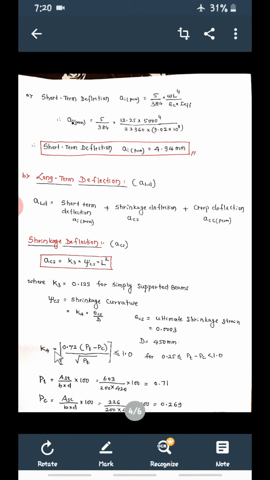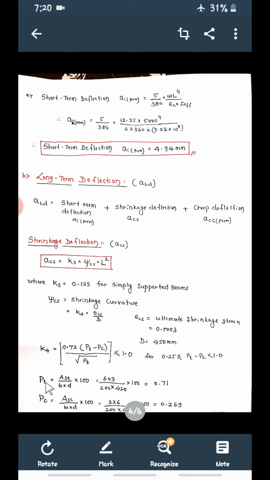Now we will calculate K4. There are two formulas based on the value of PT minus PC. K4 is equal to 0.72 times (PT minus PC) divided by root PT, and this K4 value should be less than or equal to 1. Then what are PT and PC?